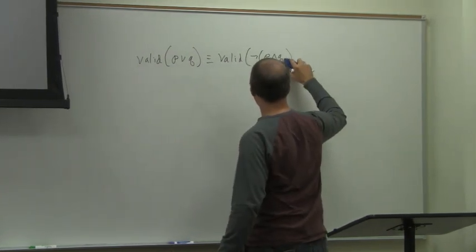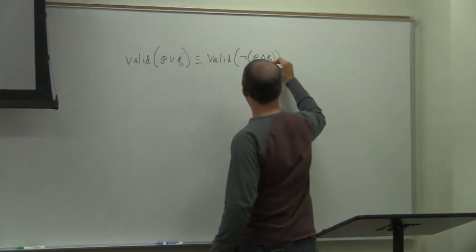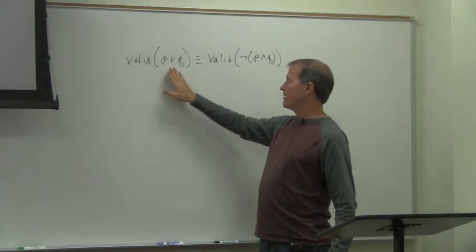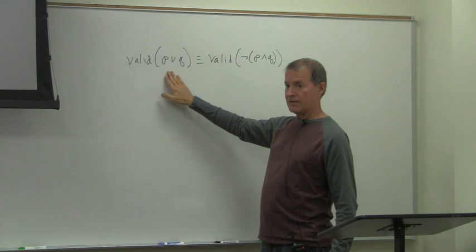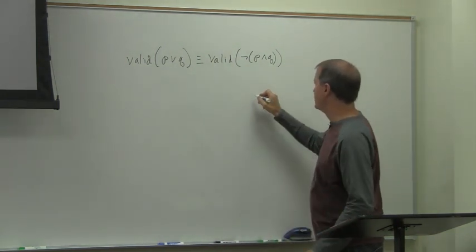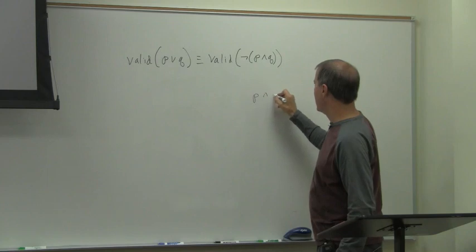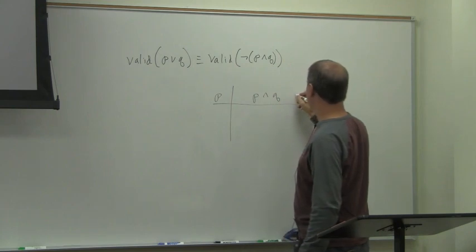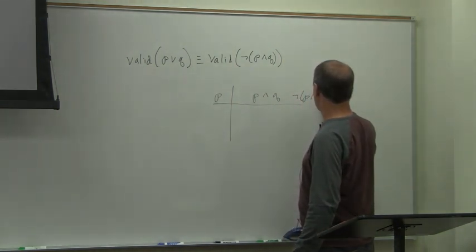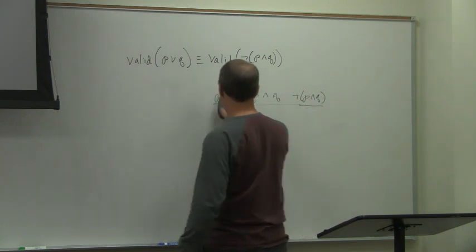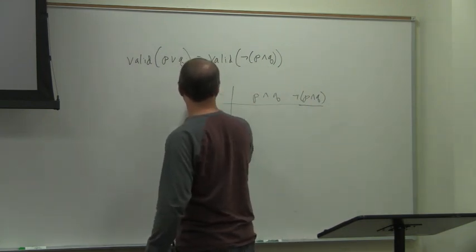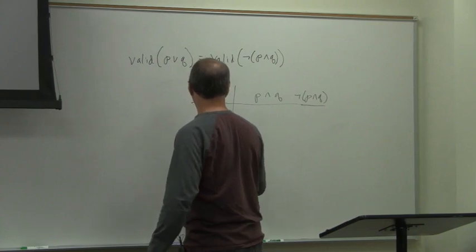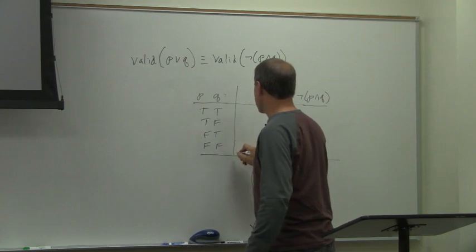Are you with me? Yeah. They're both not valid. And what this is saying is that P or Q is not valid, right? Furthermore, if we do P and Q, and then we do not P and Q. Wait, don't say opposite, we haven't defined opposite.